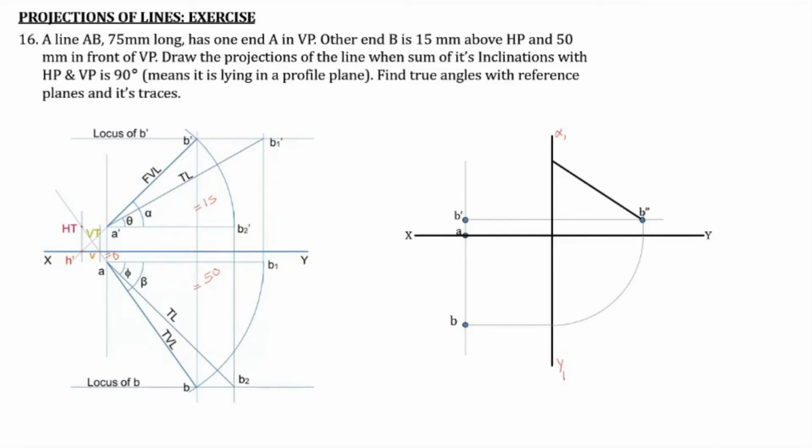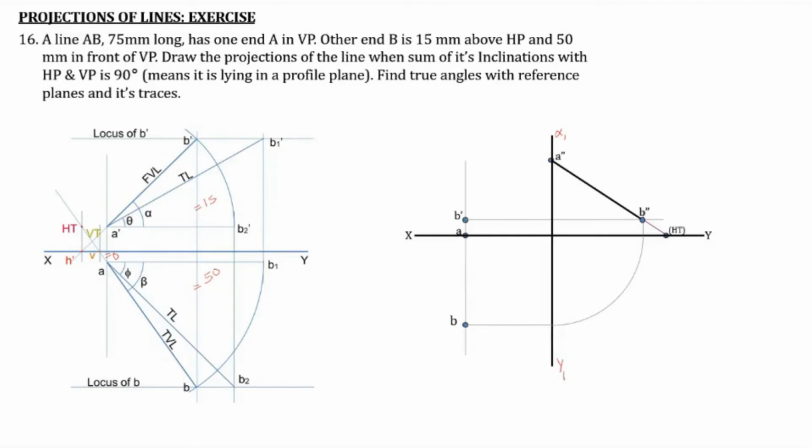Now with the B double dash and 75 millimeters radius, we draw an arc on X1, Y1 line, and we extend the A double dash, B double dash line in the opposite direction towards XY line, so that we get the HT, the horizontal trace.